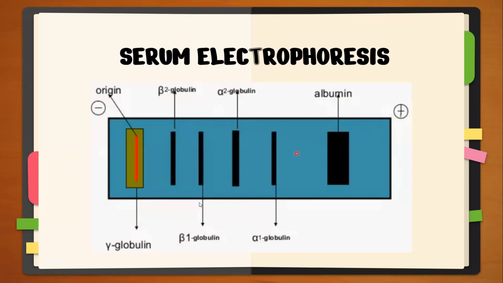What we observe is firstly a band of gamma globulin, followed by beta globulin, beta 1 globulin, alpha 2 globulin, alpha 1 globulin, and the majority portion is albumin, which is found at the positive electrode. Remember this. There are questions asked about which is the majority protein present, and where the band will be. So remember this.